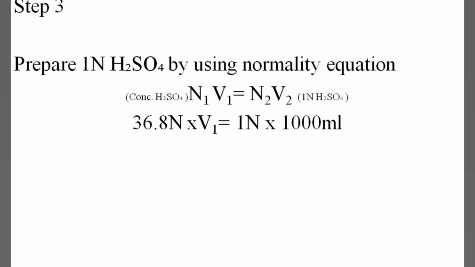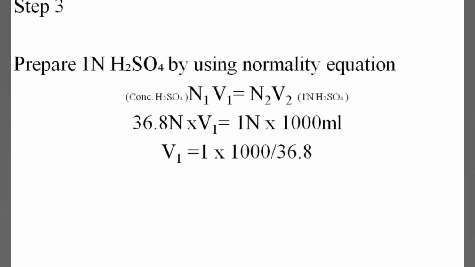volume which is required to be diluted with water to prepare one normal solution of any volume you want. Suppose here we want to prepare 1000 ml of one normal solution from concentrated H2SO4, and normality is 1 normal, as I already said.